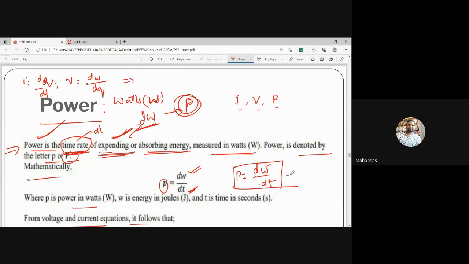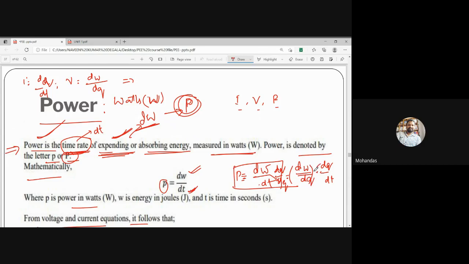Now, if you see the power equation here, P equals dw by dt. Now here I am modifying this equation as dw by dq and dq by dt. What I am doing is multiplying and dividing this equation by dq by dq. So these two will get cancelled out. There is no change in the power equation. If you multiply dw by dt with dq and dq, and rearrange these terms, dw by dq and dq by dt.